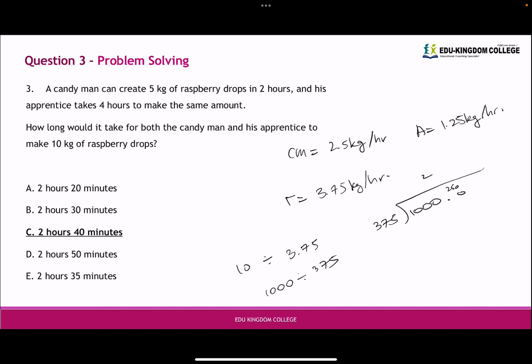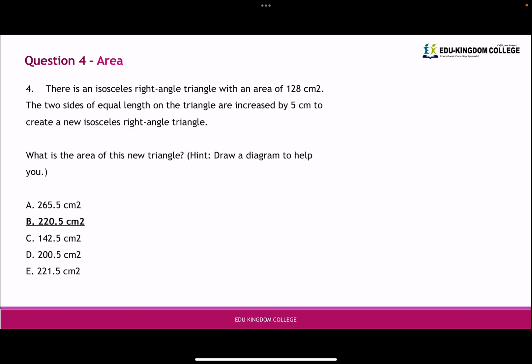Then 375 goes into 2,500 6 times, and it leaves over another 250, goes in 6 times, leaves over another 250, 6 times, and we can see it's 2.666 repeating, so that's the same as 2 2/3 of an hour. And 2/3 of 60 minutes is 40 minutes, so 2 hours 40 minutes, or C.